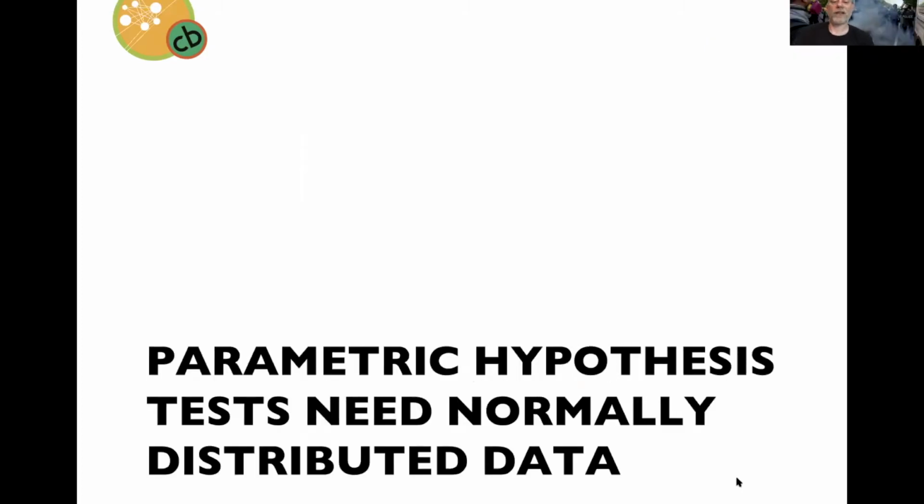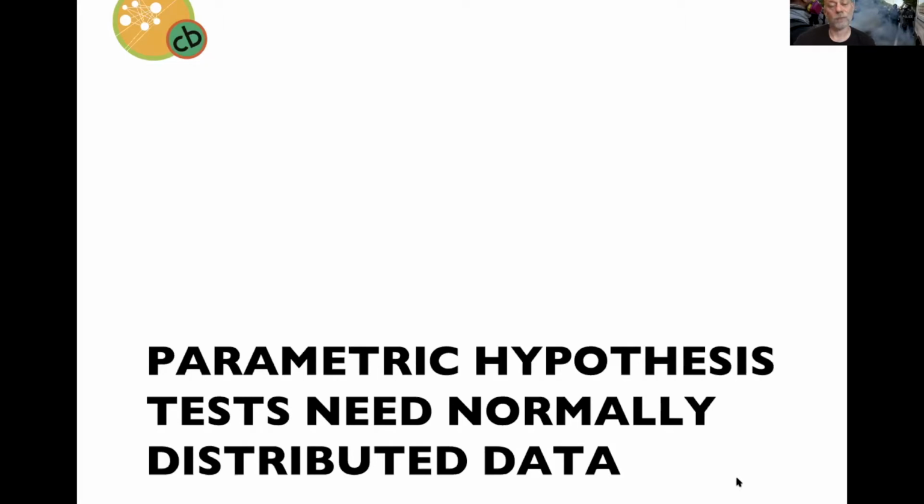Another important thing to look for in a results section is that the appropriate hypothesis tests are done. For example, it's very common to use parametric hypothesis tests, but they're not always the appropriate test for the data that's being looked at. If you're using a parametric hypothesis test, then you need to know that the data on which it's being used is normally distributed.